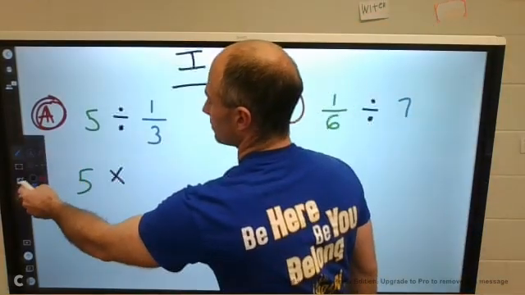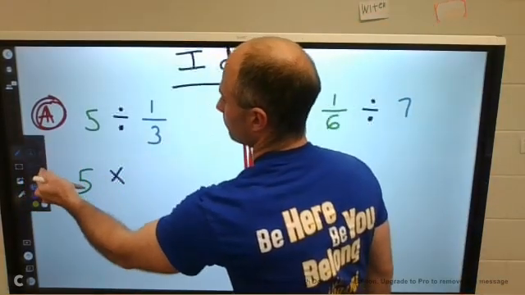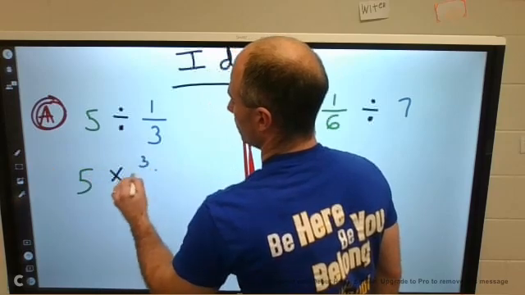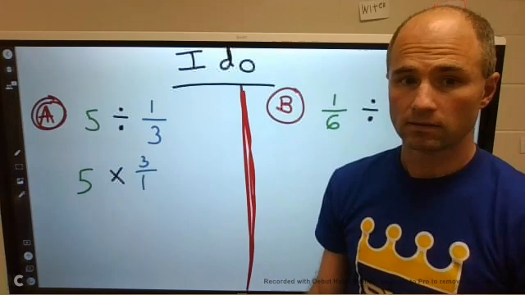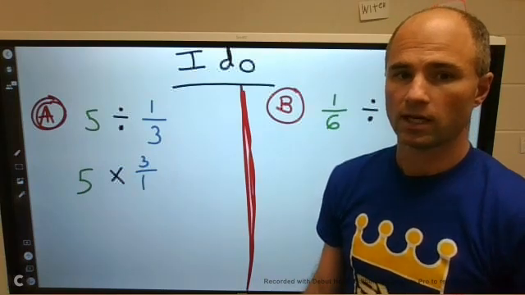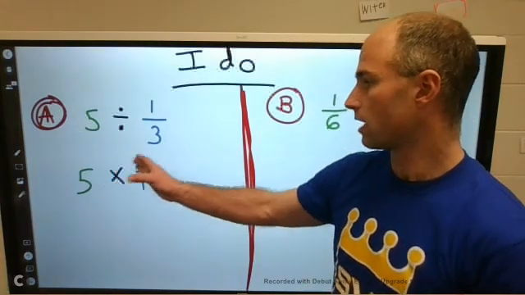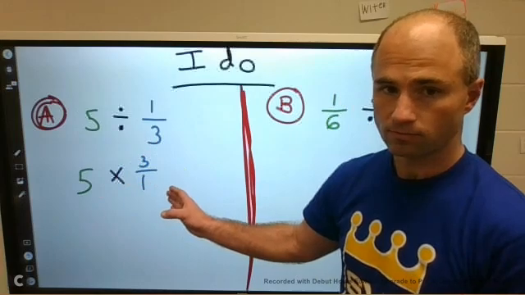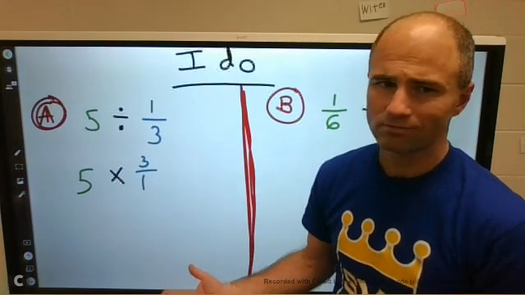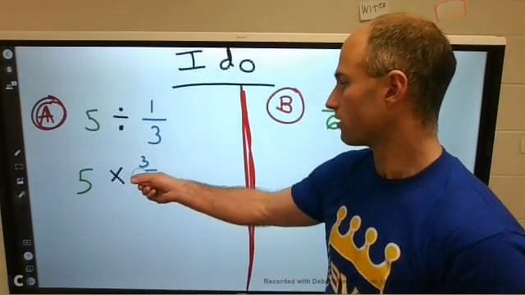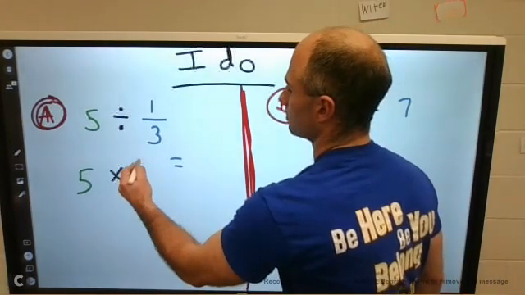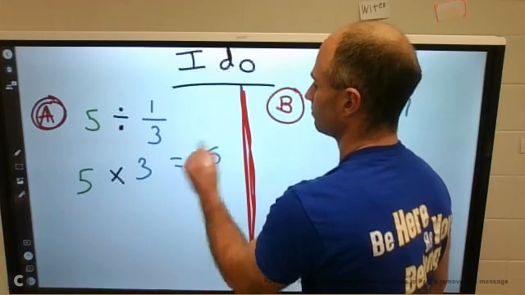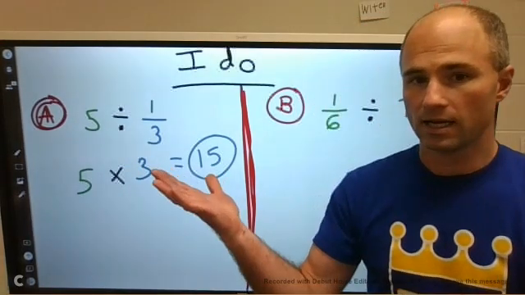So it'll look like this, 3/1. What? Yes. Okay, so now it's going to be 5 times 3/1. Do I really need the 1? No. So I'm going to get rid of that 1. So therefore, my answer will be 15. Ta-da!